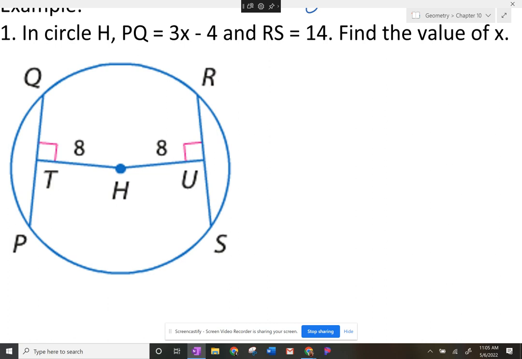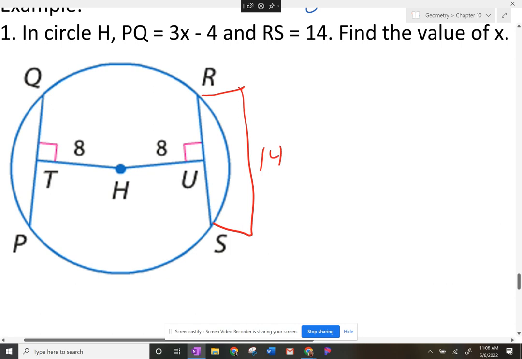All right, taking the information they gave me on the top, they said that RS, this line segment here, is 14. They said that QP, that line segment here, I'm just going to write it down here, is 3x minus 4.